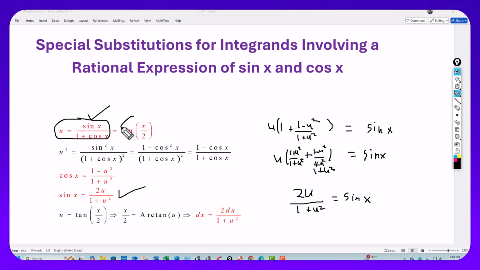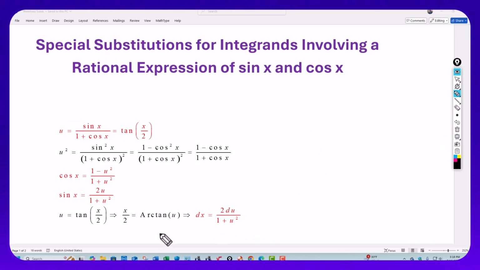Now, there's also one where you use this. Those are the main formulas. And then, of course, we need also the dx. So we're going to use this right here. u is equal to tangent of x over 2. So what I did here, we took tangent inverse of both sides, or arctangent of u, and then arctangent of tangent of x over 2, of course, gives me x over 2.